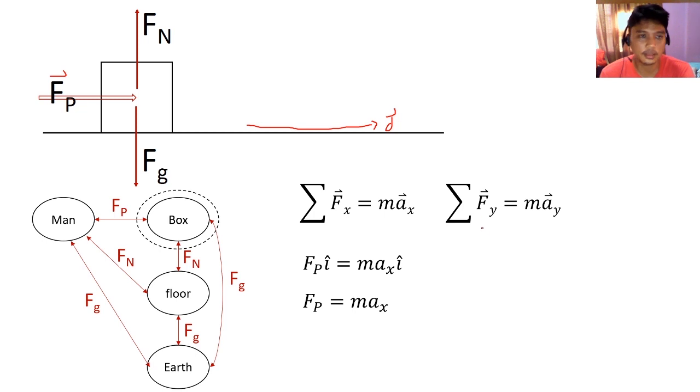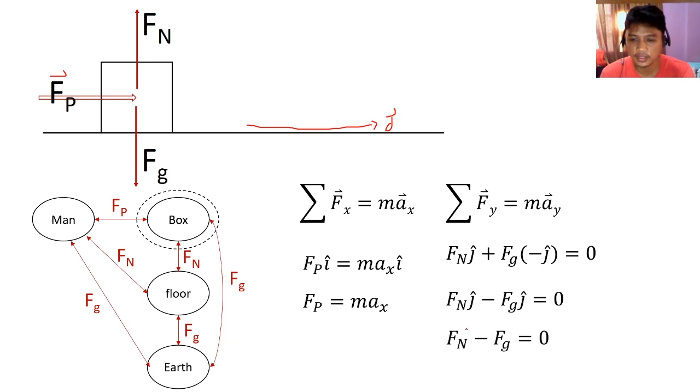For forces along y, there is no acceleration along the vertical component, so it doesn't really matter what this says here. The only acceleration is along the x, so we write Fp over m.